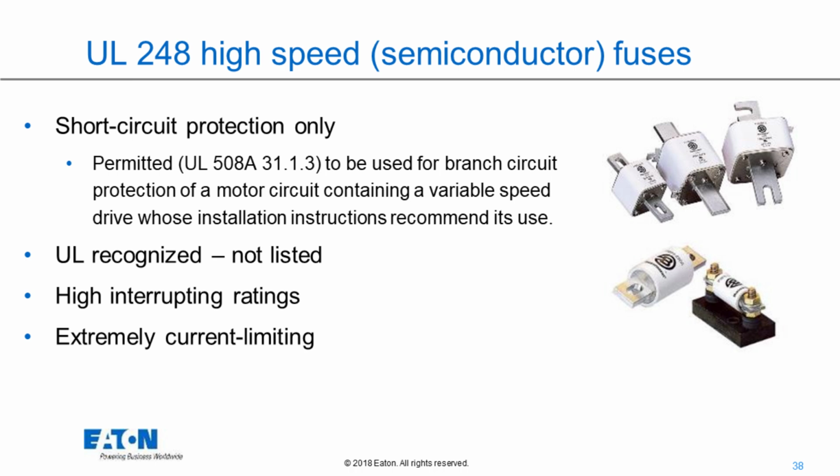It's UL recognized, it's not listed. It has very high interrupting ratings, and the fuses are extremely current limiting. These are for protecting solid state semiconductors like the IGBTs or SCRs in a speed drive, with very low I2T let-through energy.